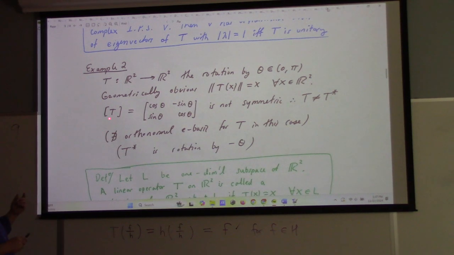Anyway, so of course the matrix of the rotation is this, and you notice it's not symmetric, right? Which is to say that if the matrix is not self-adjoint, then the transformation is not self-adjoint. Indeed, we already know there is no eigenbasis for this, right? It is not diagonalizable over the reals.